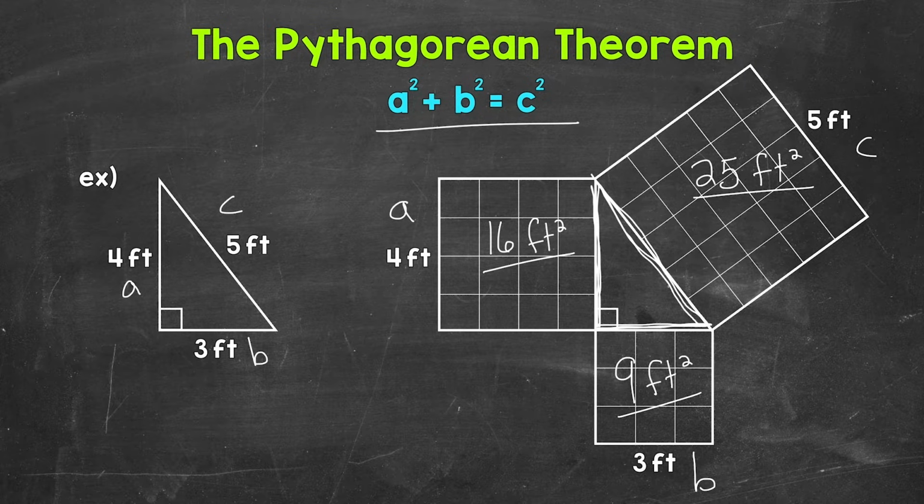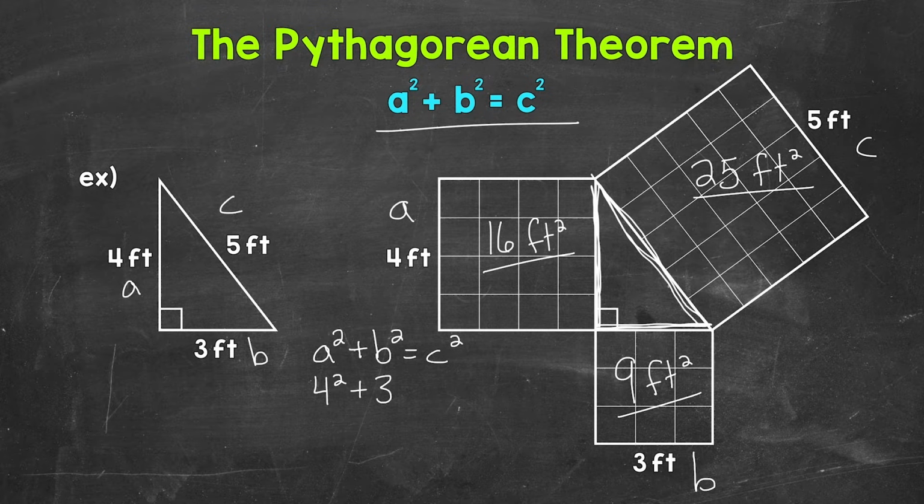Now let's plug in A, B, and C into the equation to write it out that way as well. So we have A squared plus B squared equals C squared. Now we can plug in A, B, and C. So A is 4 feet, so 4 squared.